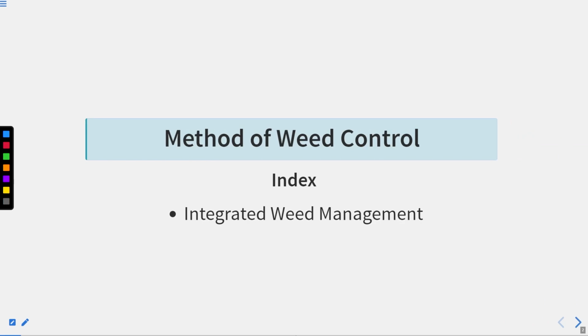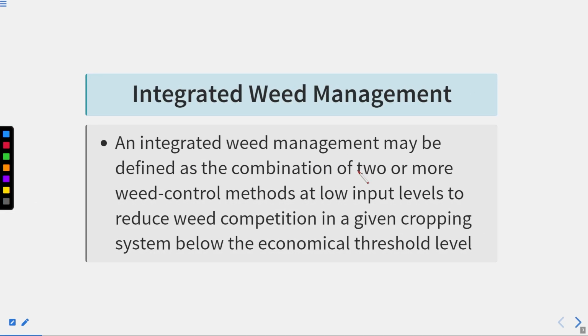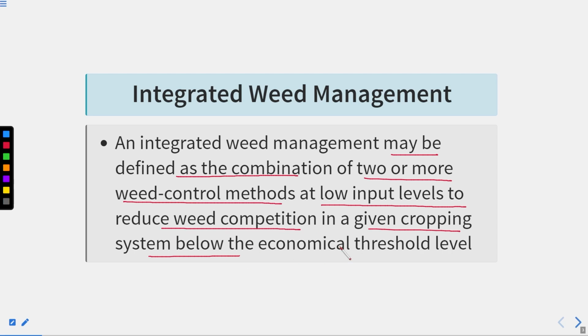In this session we are going to study integrated weed management. This is also one type of weed control method. Integrated weed management may be defined as the combination of two or more weed control methods at a low inputs level to reduce the weed competition in a given cropping system below the economical threshold level.